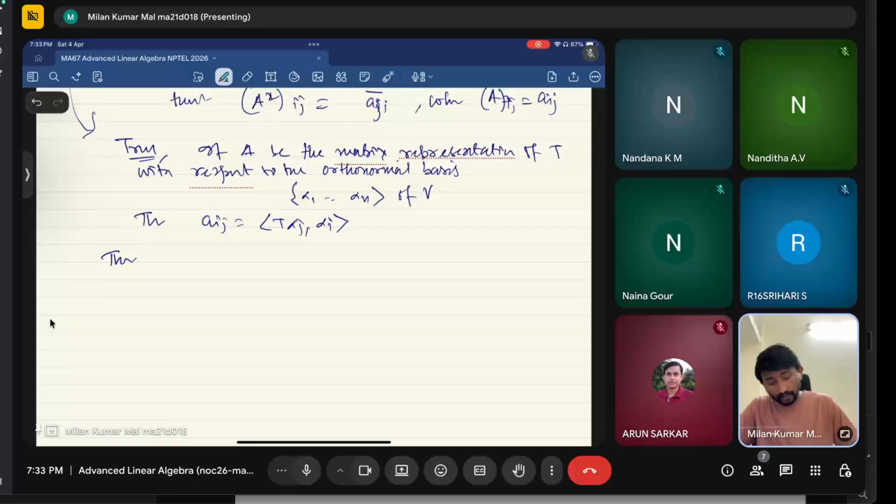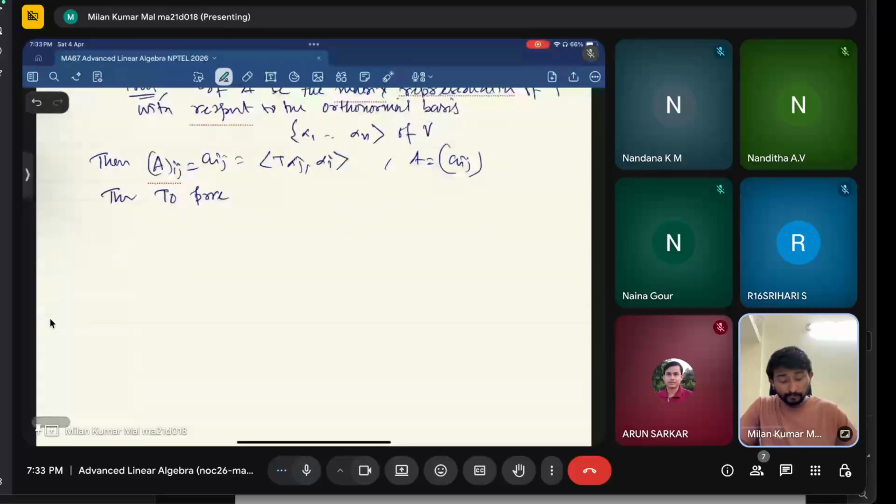Now to prove that A is Hermitian, the ij entry of A is Aij, which is exactly the inner product of T alpha j, alpha i. That is not very difficult to check, and if you still have doubts, you can ask me.